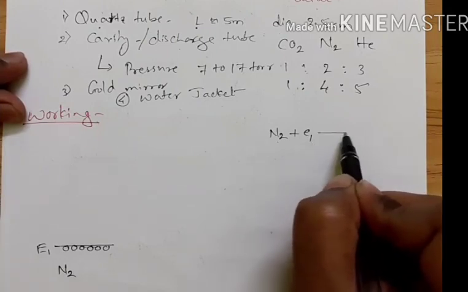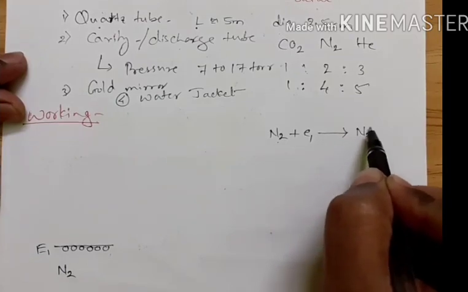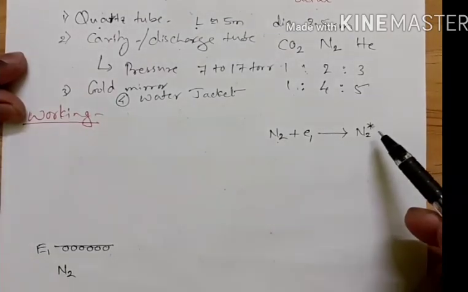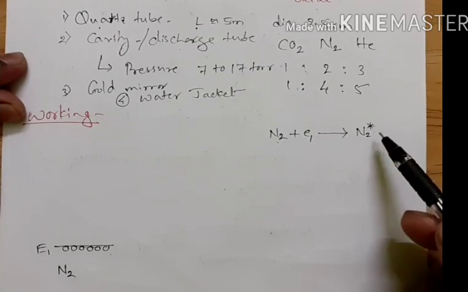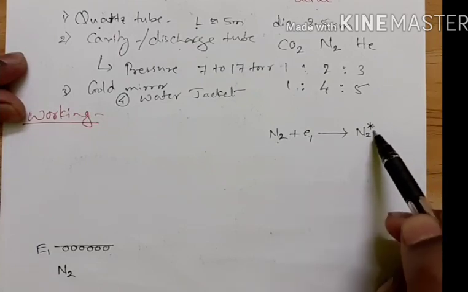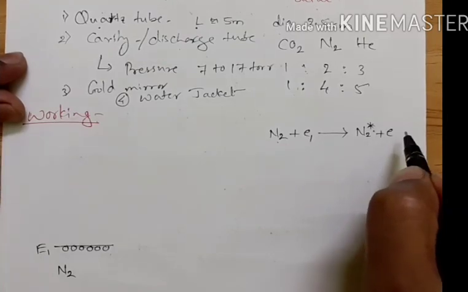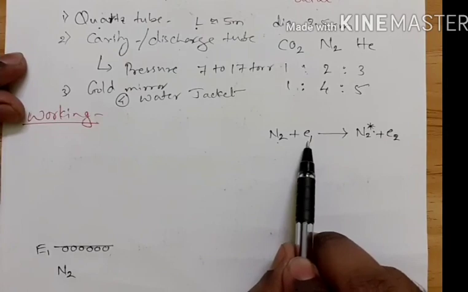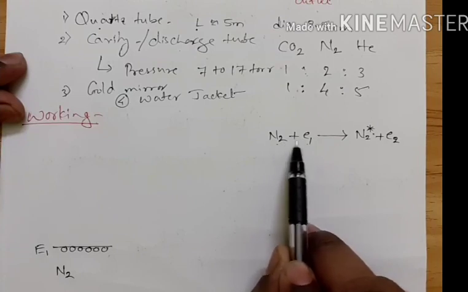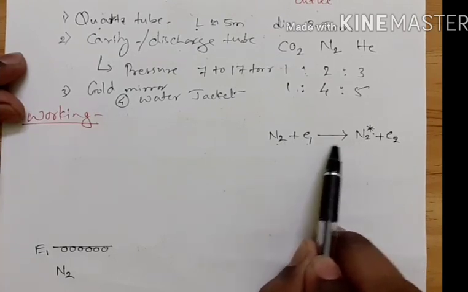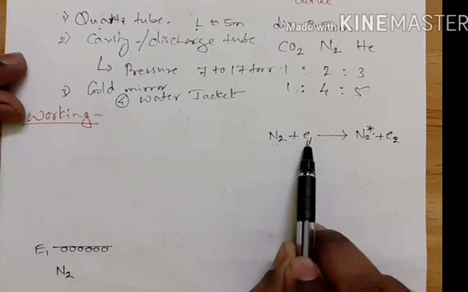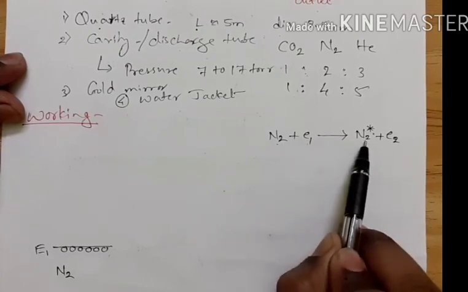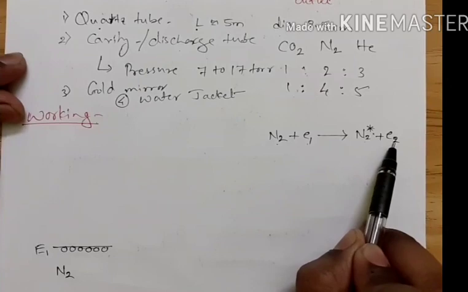Now nitrogen is excited. An excited molecule is always written with a star. The nitrogen molecule is excited and the electron loses its energy. This is the energy of an electron before the collision. It goes and collides with this, and this is excited. It transfers its energy to the nitrogen, and then this is the energy of the electron after the collision.